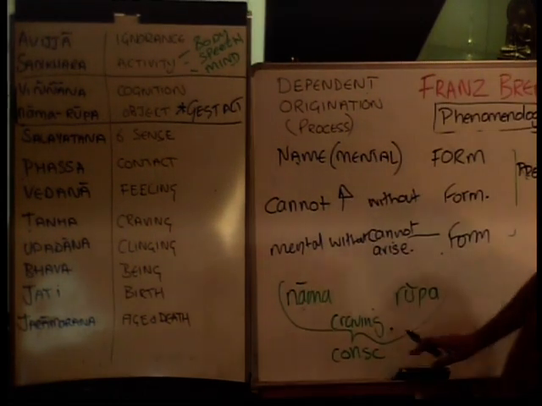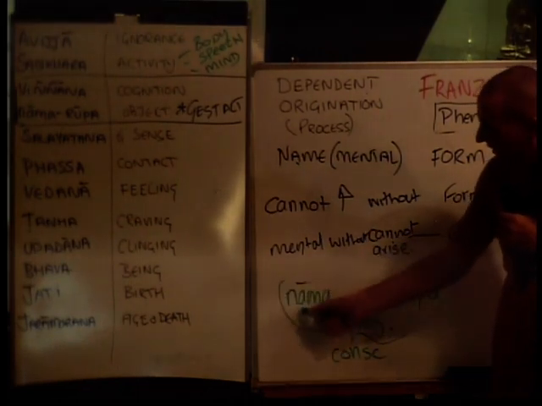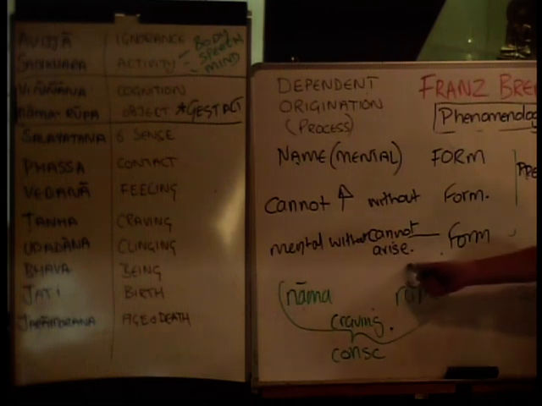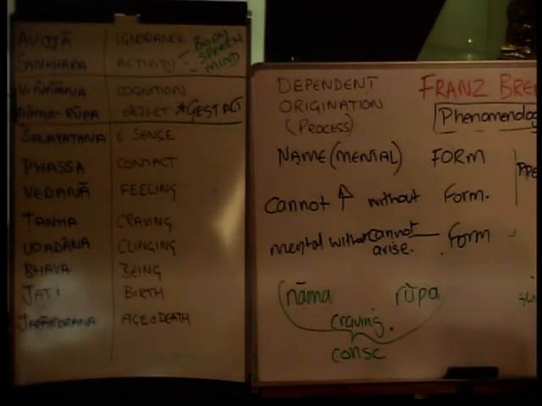One of the ways that it was formulated in the sutta is you have the name or the mental side at one end, the physical side at the other, stitched together by craving, and consciousness arises.